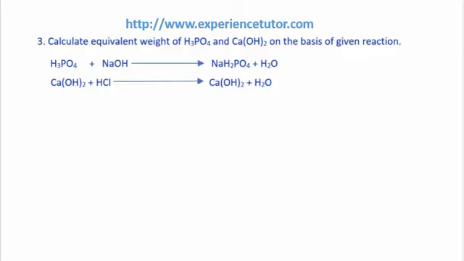Question number 3. Calculate equivalent weight of H3PO4 and Ca(OH)2 on the basis of the given reaction. H3PO4 plus NaOH gives NaH2PO4 plus H2O. Again, Ca(OH)2 plus HCl gives Ca(OH)Cl plus H2O.